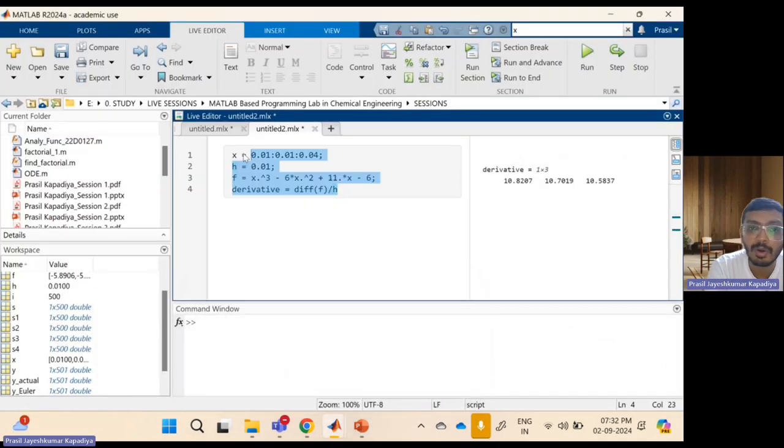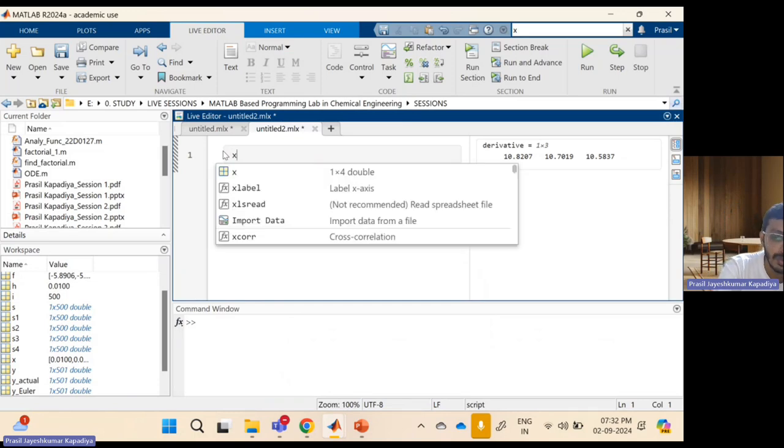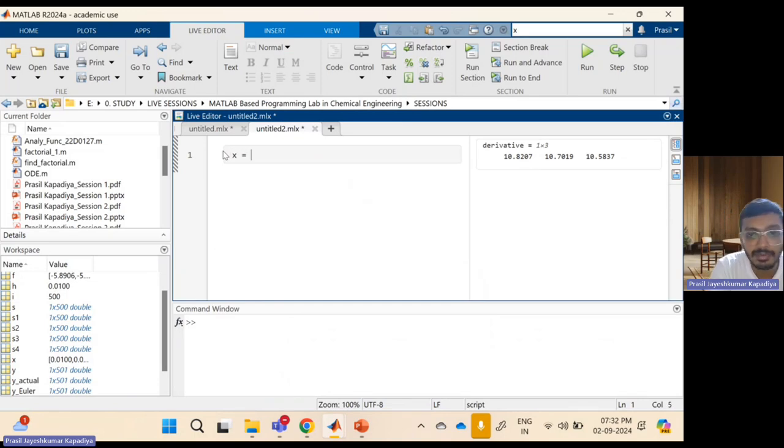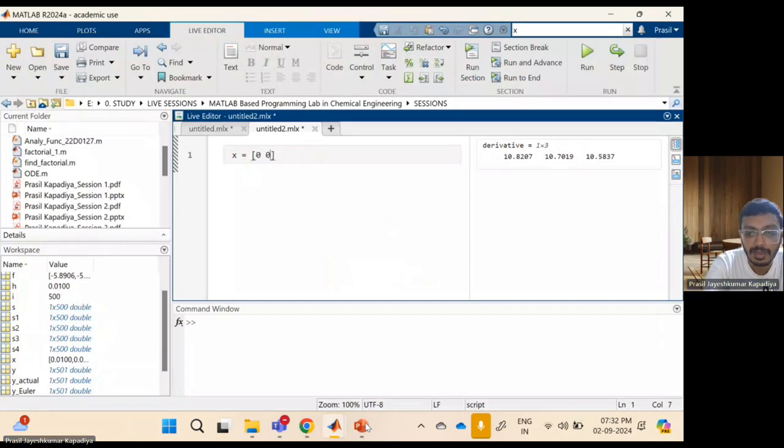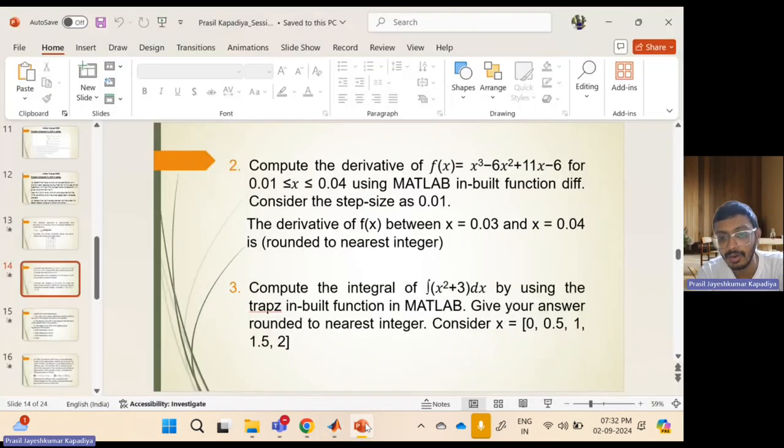So we are supposed to solve this problem using trapezoidal rule. So first we need to define our x. So x is given as 0, 0.5, 1, 1.5 and 2. This is the range of x I have. And my y is given as x square plus 3.